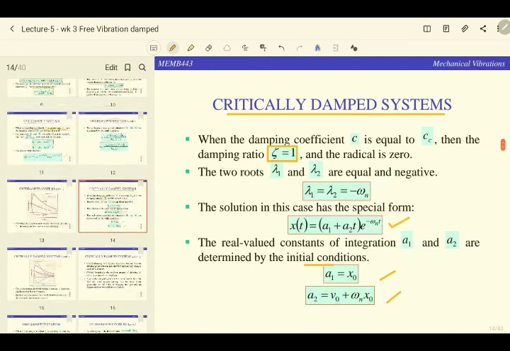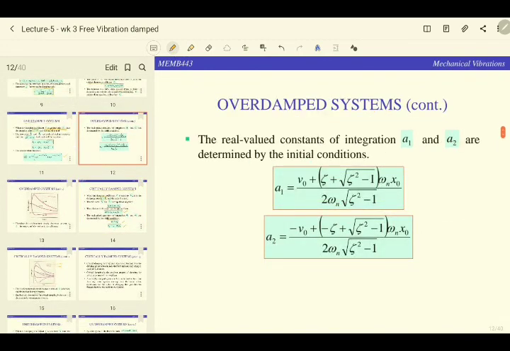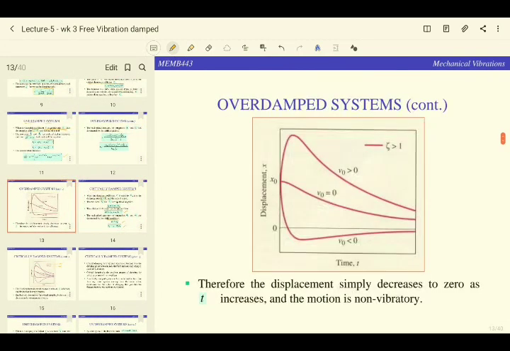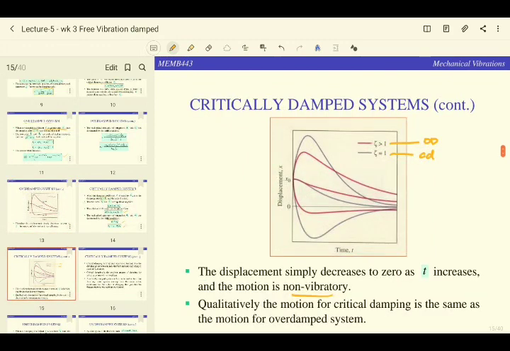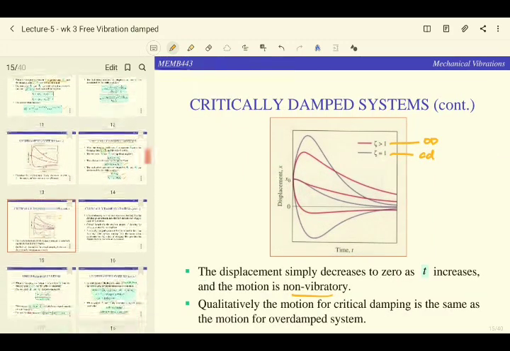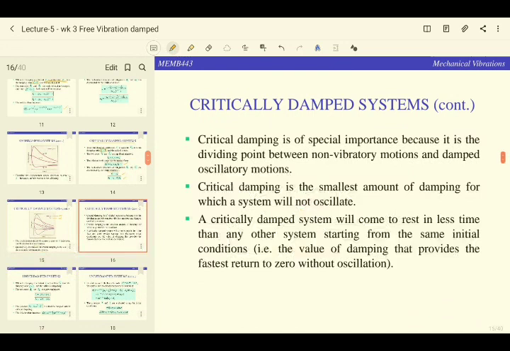Maybe it's not very interesting if you have a problem of overdamped and critically damped, because you cannot see the vibration at all, because it's non-vibratory. But critical damping is especially important because it is the dividing point between non-vibratory motions and damped oscillatory motions.